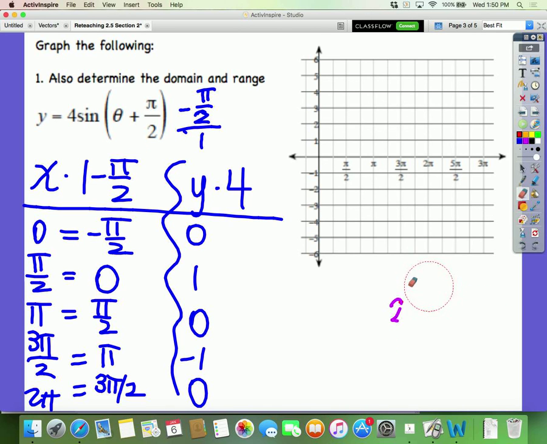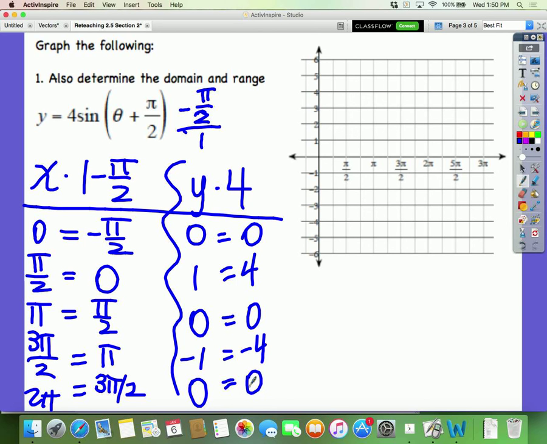What's happening to your y's? Multiply by 4. So the first one's going to be, keep going. And again. Last one. Awesome. True, because it repeats the pattern. Okay? So when I plot this, I'm at negative pi over 2.